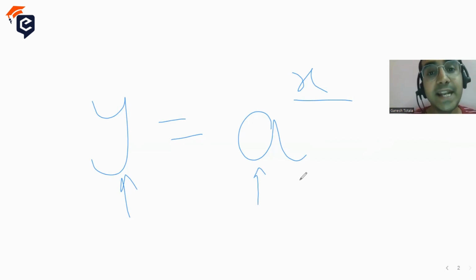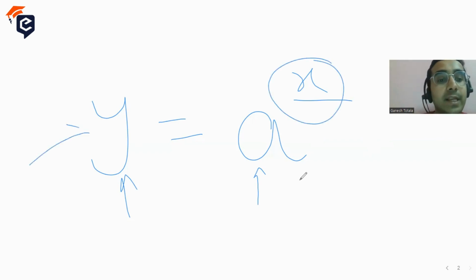When I say x is an independent variable, that means the value of x will keep on changing. When I say y is a dependent variable, the value of y depends on x. Whenever x changes, the value of y will also change. Hence, x is called the independent variable and y is called the dependent variable. So y is equal to a to the power of x is called an exponential function.